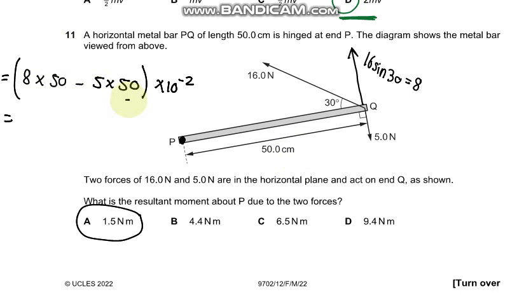So 5 into 50, one of them is this, which is the clockwise, and we can write 16 sine 30, that's the component perpendicular from the axis of pivot. That's 16 sine 30, which is 8 into 50 centimeter, multiplied by 10 to the power minus 2 for conversion of centimeter to meter. So that would give us 1.5 Newton. So A is the appropriate answer.